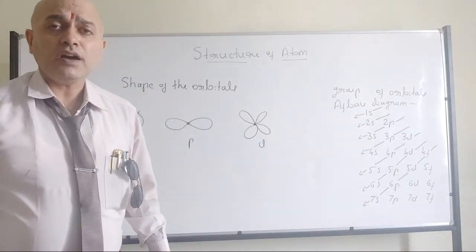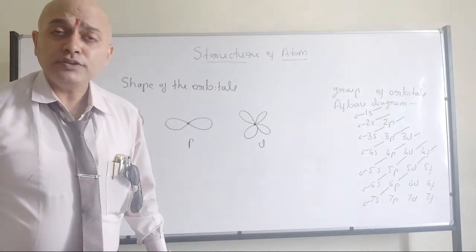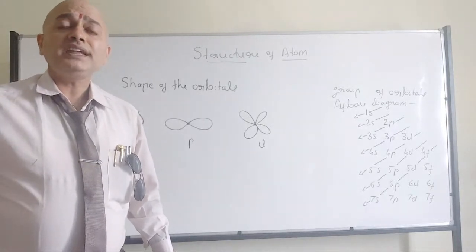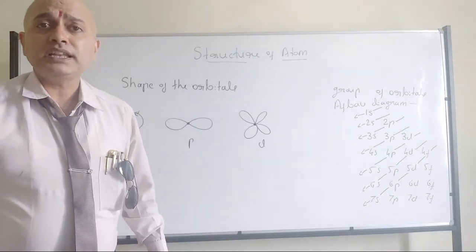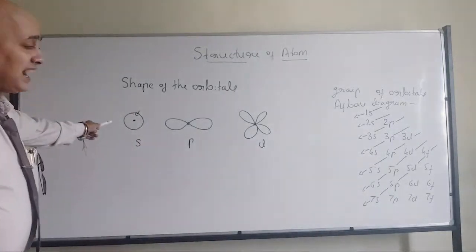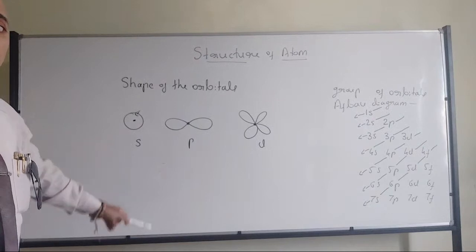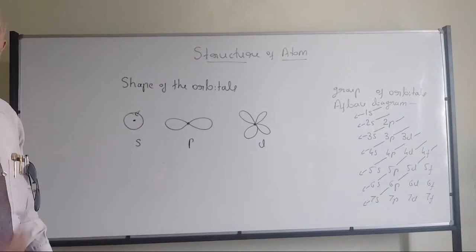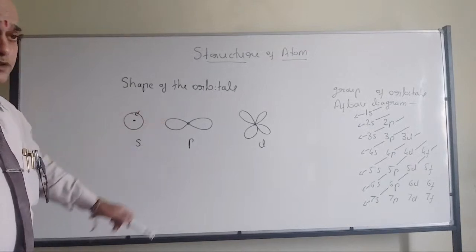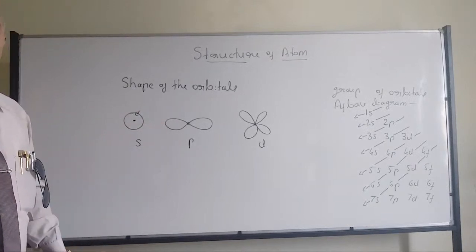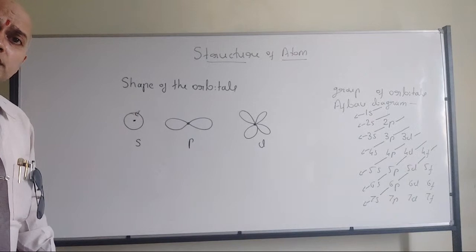The variation of electron distance from the nucleus is going to vary a lot. Got my point? Only the s subshell electron has closeness to the nucleus all the time, with no variation. But when it comes to p, variation is there. When it comes to d, much more variation is there. All of you have understood?